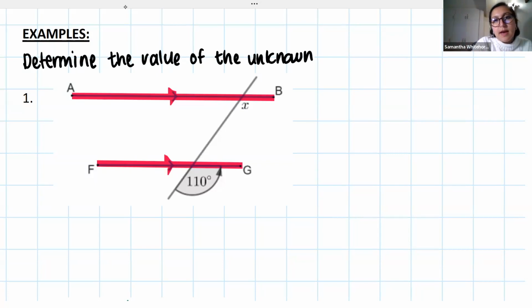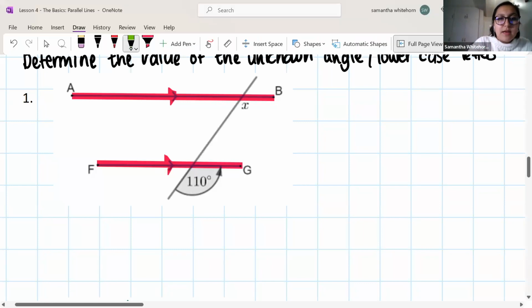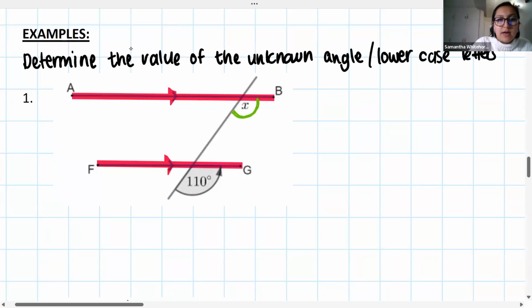Sometimes the way we phrase it is we say the value of the lowercase letters. So in this case, our lowercase letter or our unknown value is this X angle over there. So if we identify that, I don't know X, I want to find X.